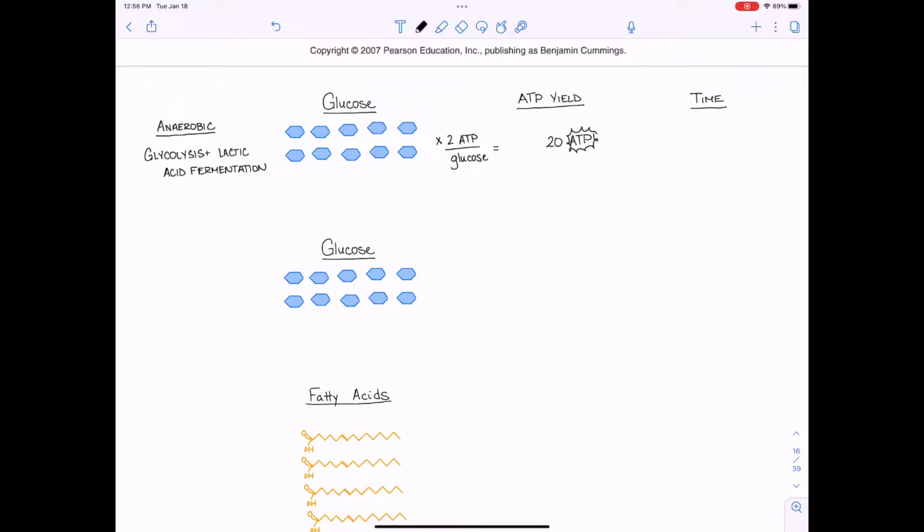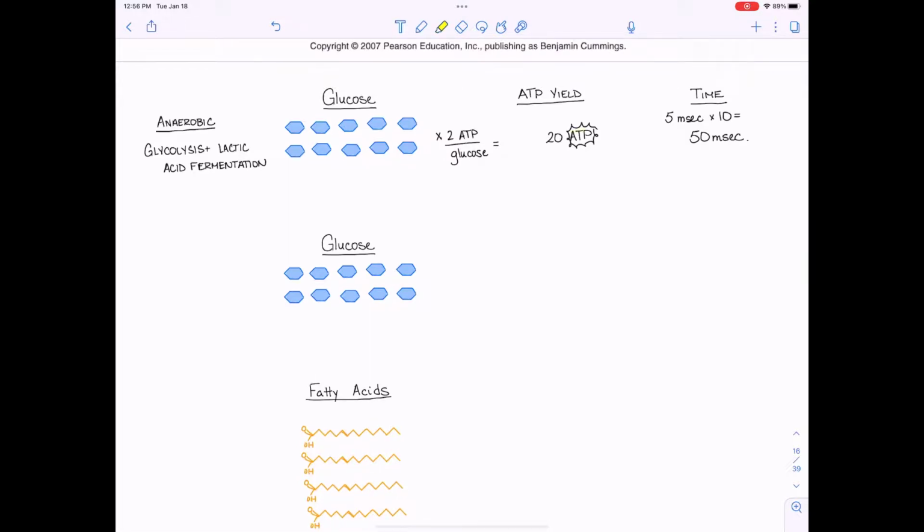That's not a big yield, but the benefit is I get those ATP very quickly. If we were to assume, and this is completely hypothetical, that glycolysis takes 5 milliseconds, then the total amount of time that it takes to get 20 ATP is only 50 milliseconds, or 1/20th of a second. So this gives me a very rapid burst of ATP, but I've burned through all of my glucose with just a meager 20 ATP to show for it.